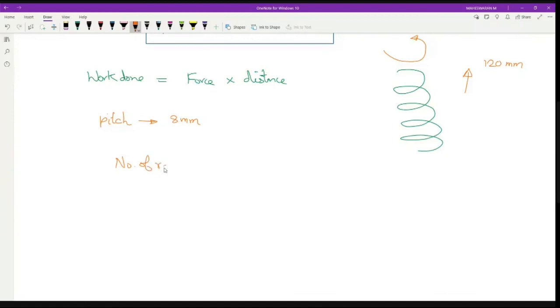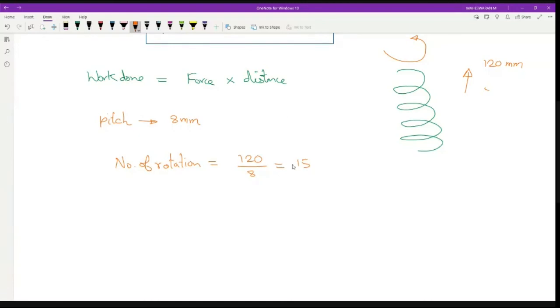So the number of rotations is 120 divided by your pitch value 8, which means 15 times. You have to revolve 15 times, right? But that is not a distance.